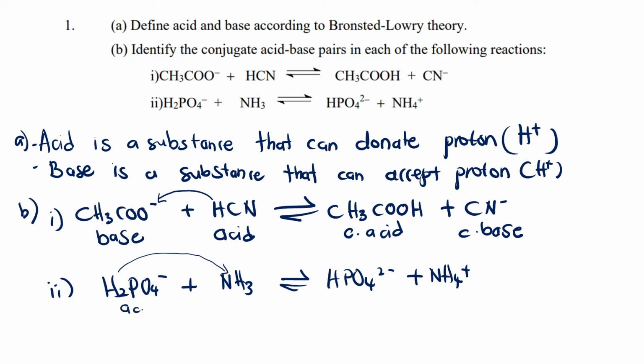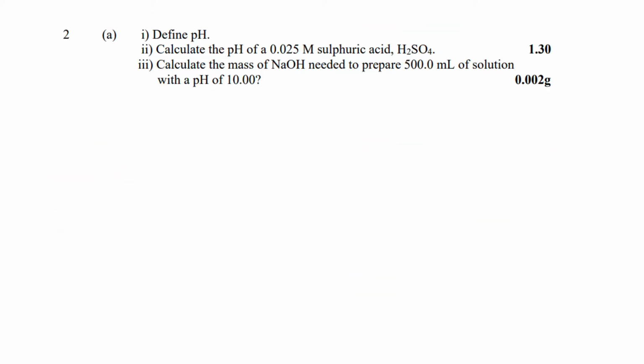So H2PO4 minus is the acid, ammonia is the base. The left side is acid, so HPO4 2 minus is the conjugate base, and NH4 plus is the conjugate acid. So this is for number 1, A and B. We proceed to the next.